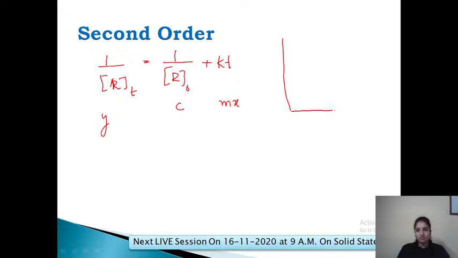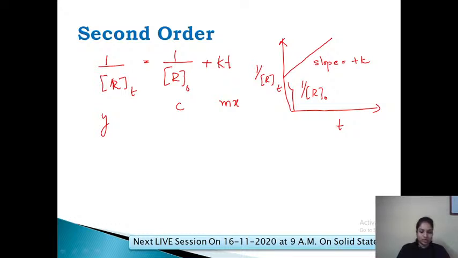If I draw a graph of this, on the y-axis we have 1 upon concentration of R t, and on the x-axis we have time t. Then again, the slope is positive here, so the line should go up like this. So slope is equal to plus k, and your intercept value is 1 upon R naught.